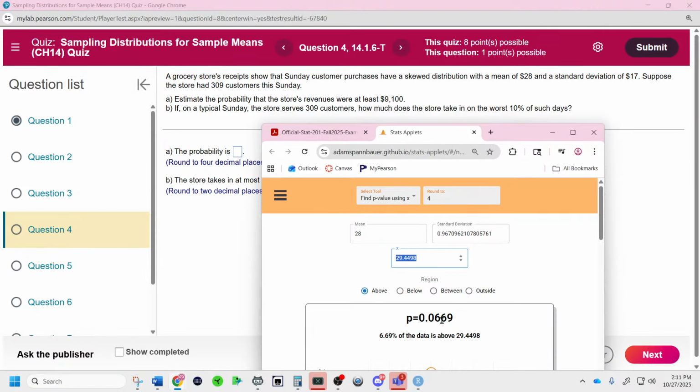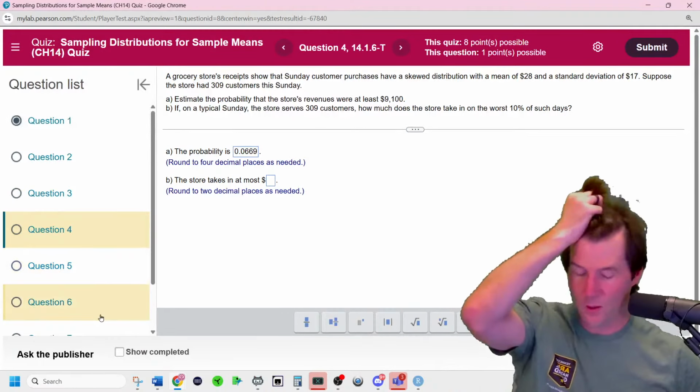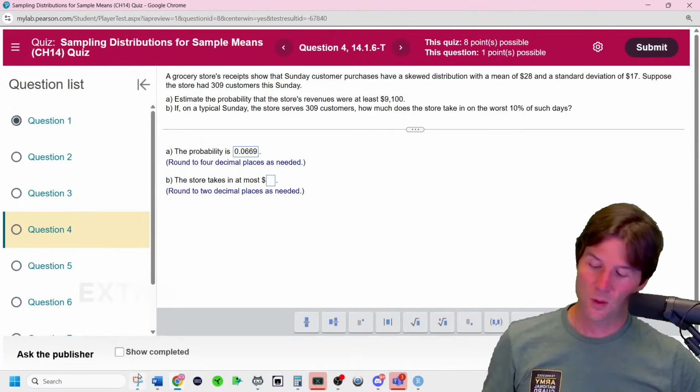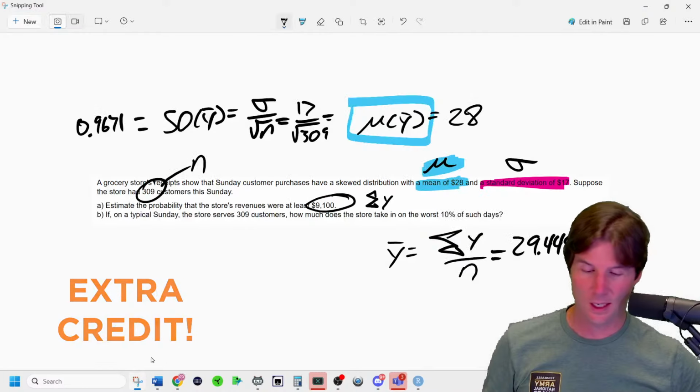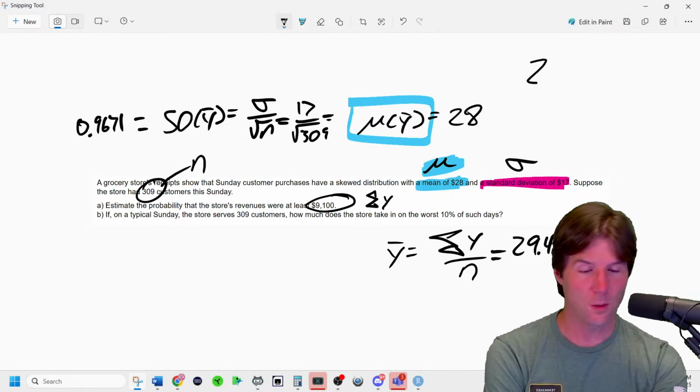I don't want to go too quickly, but this should be the answer to the first one right here, for the probability of making at least this amount. You won't be using the applet on the exam. Great question, Elena. Thank you for asking. If this was an exam question, it would likely say, what is the z-score? Because you can solve that.